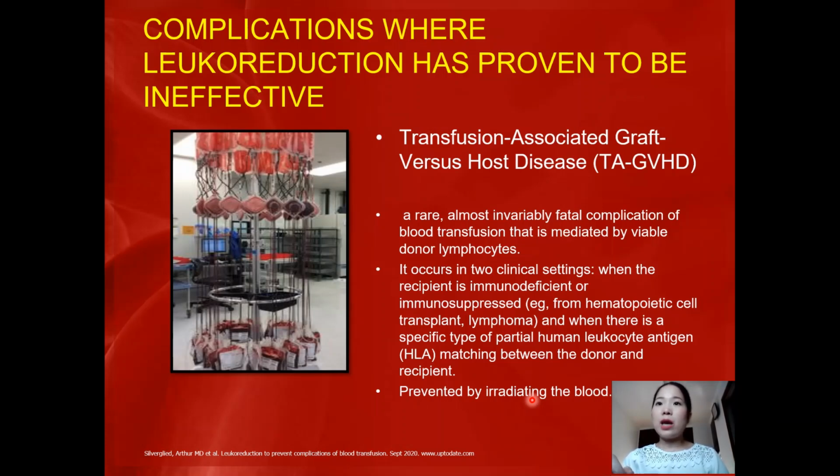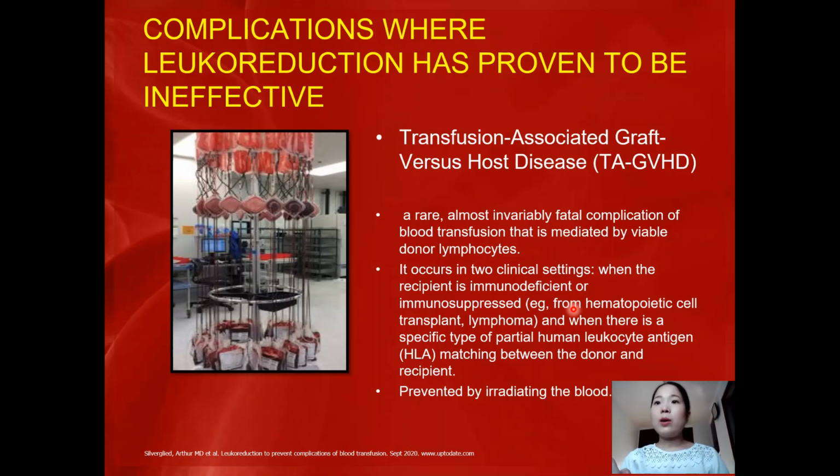TAGVHD is actually a rare and almost invariably fatal complication of blood transfusion that is mediated by viable donor lymphocytes. It usually occurs in two clinical settings. Number one, when the patient or recipient is immunodeficient or immunosuppressed, whether a lymphoma patient or one who just underwent hematopoietic stem cell transplant.